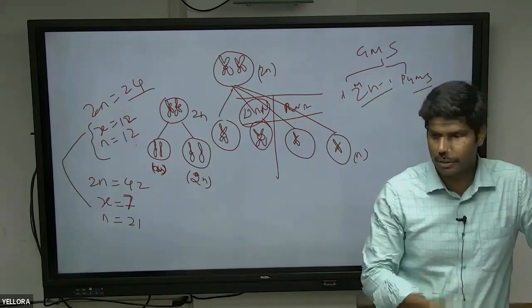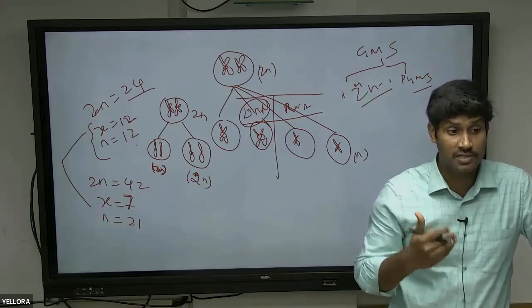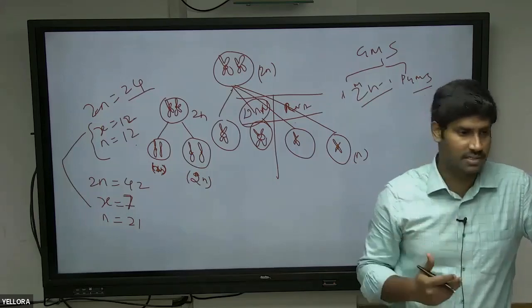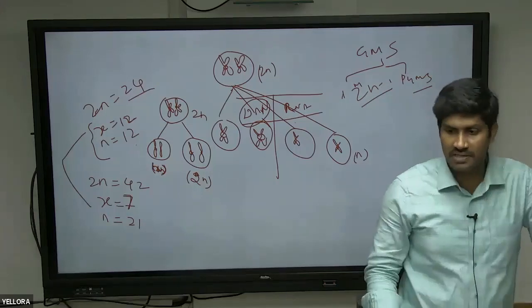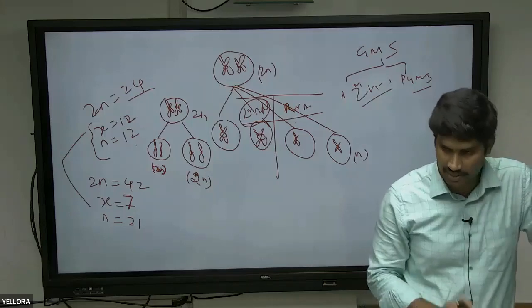Since this is a big question, a 20 marks question, after explaining the system, you have to write the advantages and disadvantages at the end of the question: advantages of TGMS and disadvantages of TGMS.